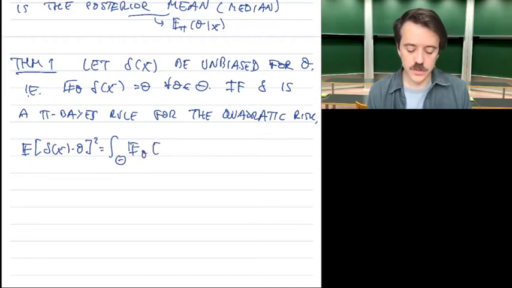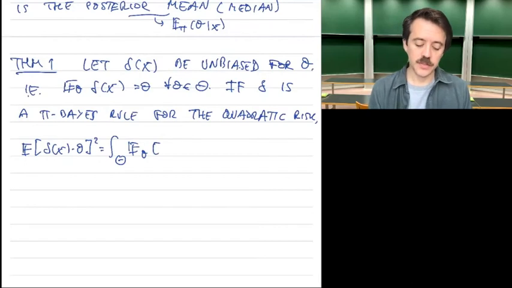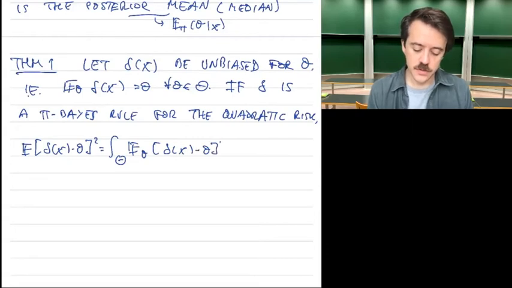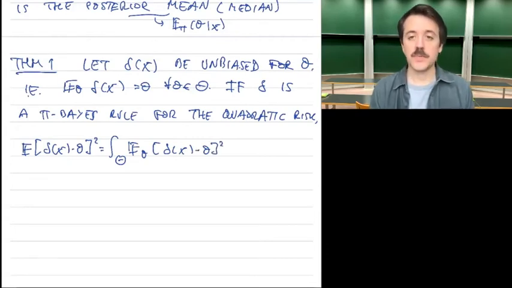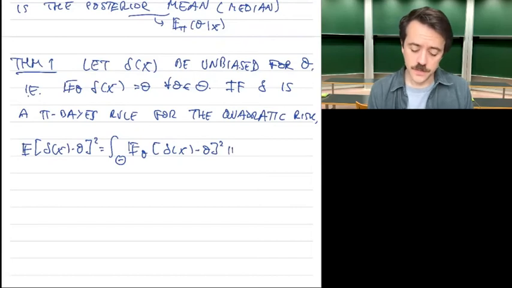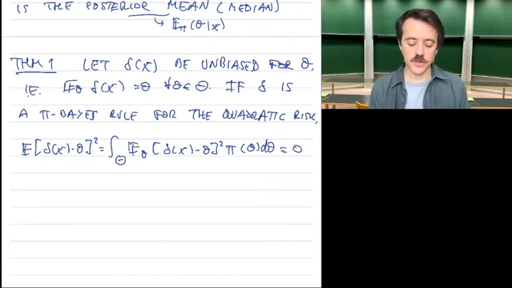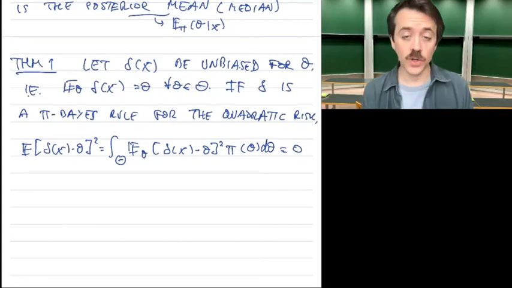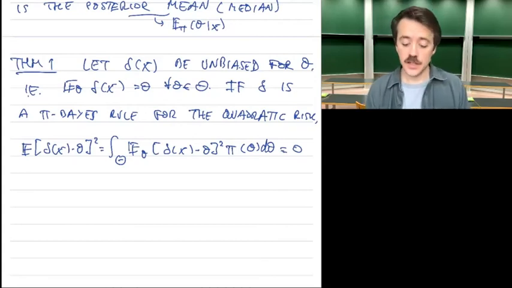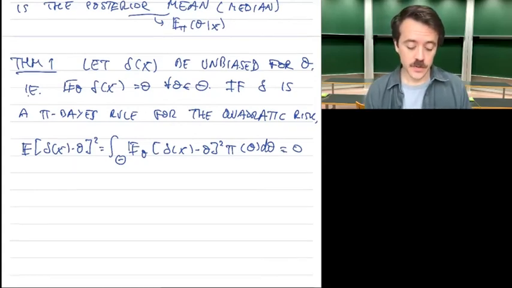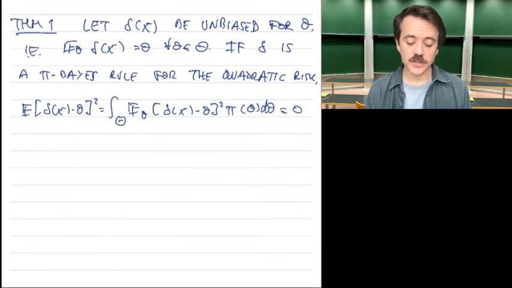This is the expectation with respect to p theta of this guy minus theta. So we go in parts, as in this is what is called the tower rule. We haven't really done anything here. What the result is saying is not the first equality, but rather the second equality. It says that this expected value is actually going to be 0.